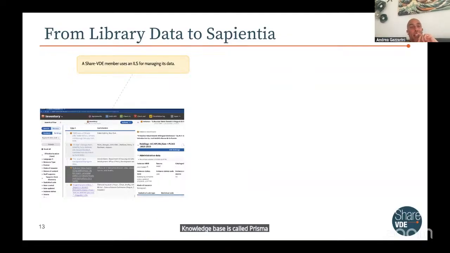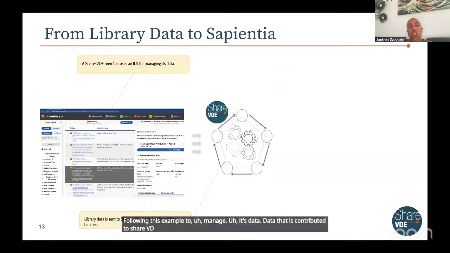Why? Let's assume that a library uses FOLIO in this example to manage its data that is contributed to Shared VDE. So in this case, a bibliographic record, let's suppose.